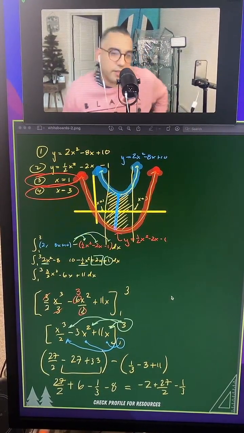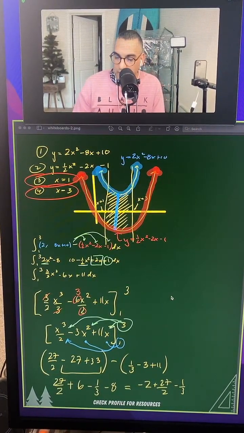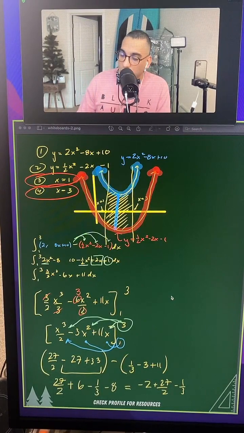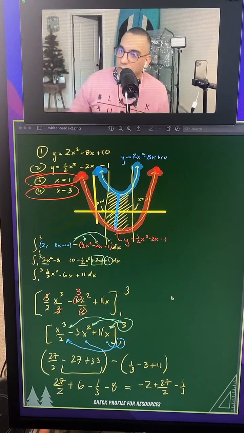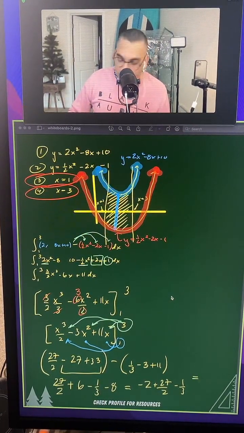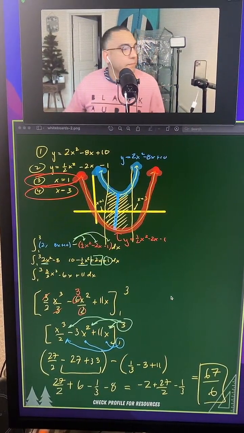All right, for the sake of time, I'm only doing this because I want to continue doing more problems, but I'm just going to plug this into my TI-84 calculator, which is really nice because it simplifies everything into a fraction. And I get that the area between these two curves is 67 over 6. That's it, guys.